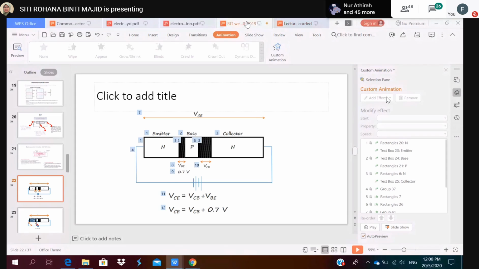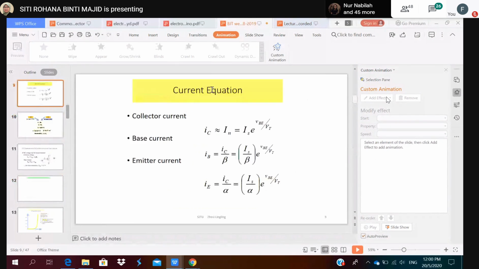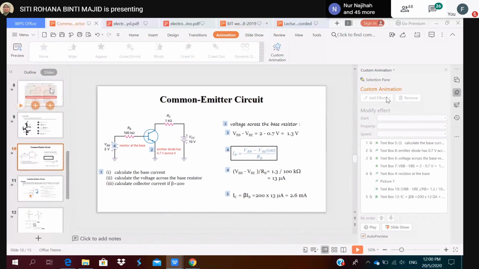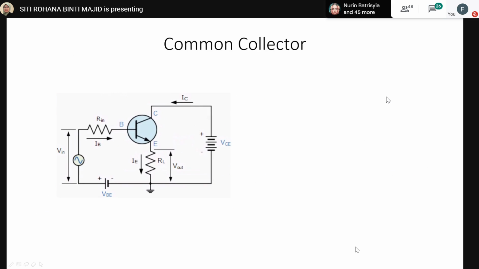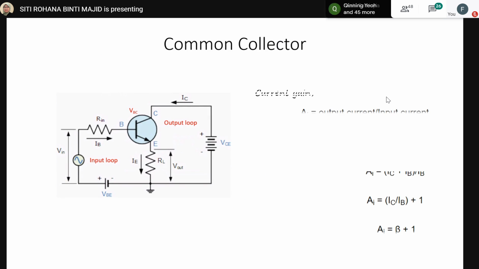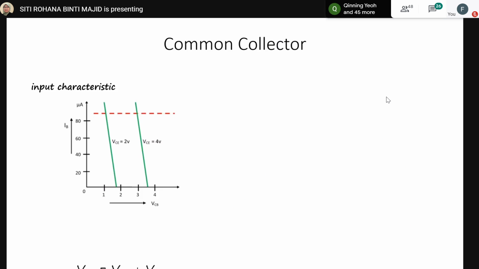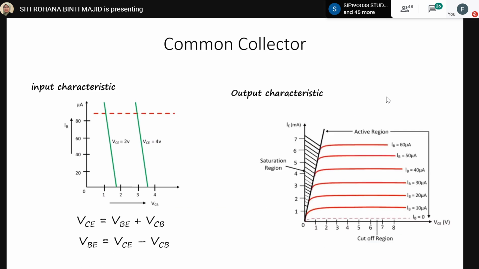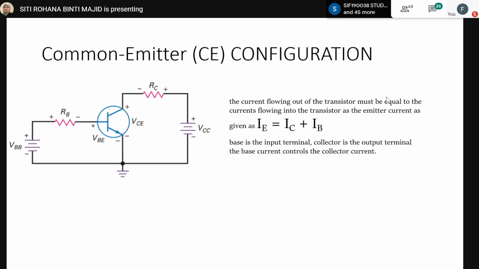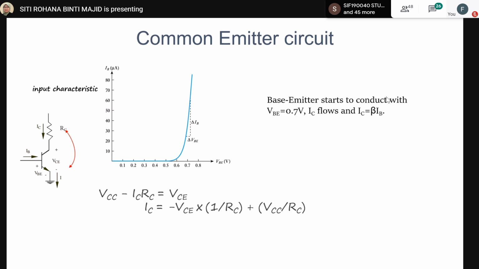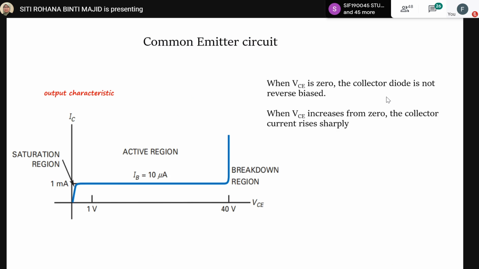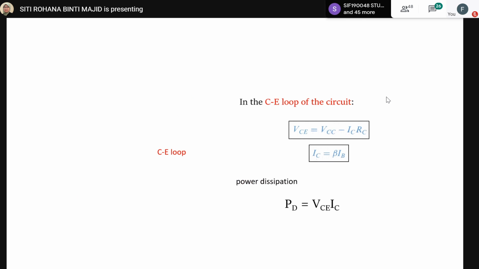The analysis of BJT is something like this, in which we look at how to solve the loop equation, and then how to derive certain things and the load line equation.